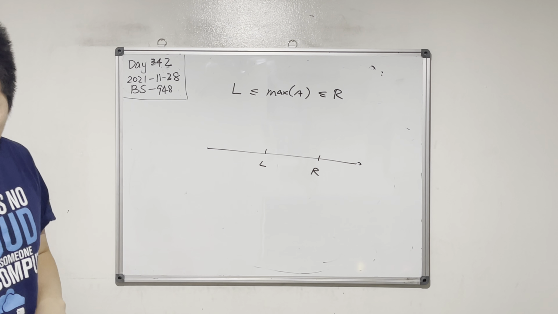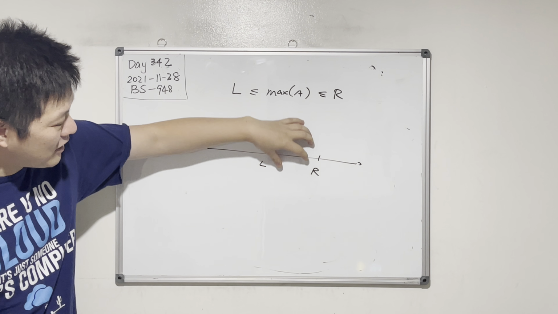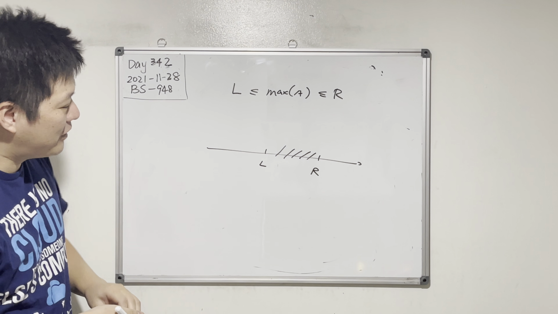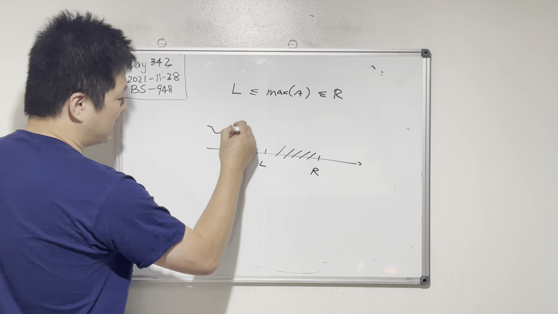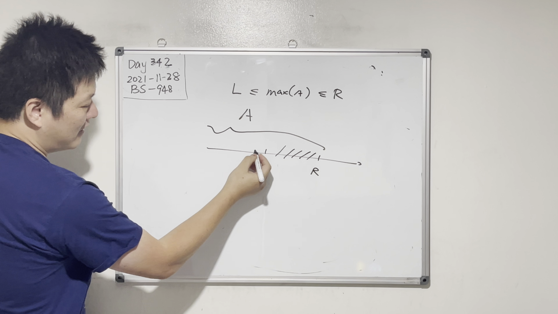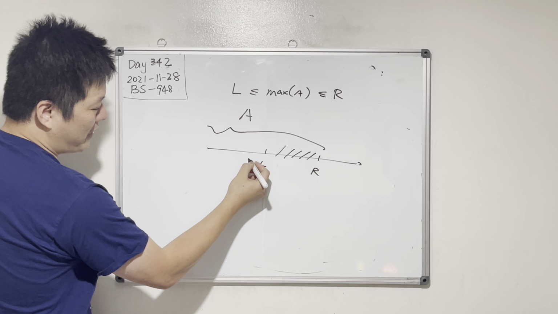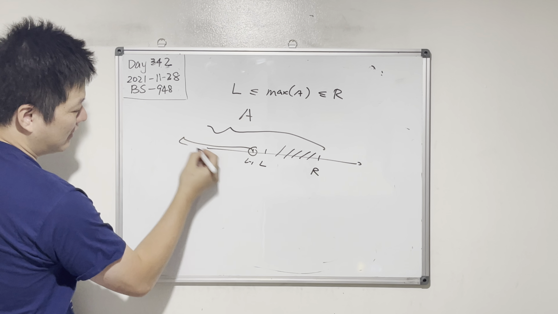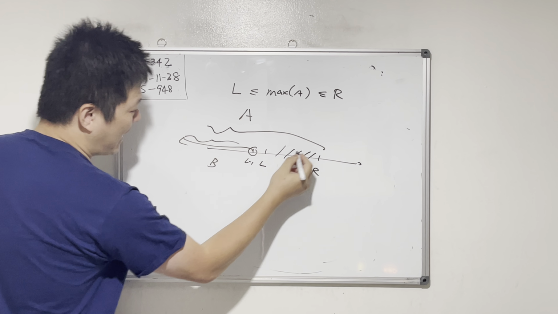First of all, I calculate this part. This is A. And then I calculate this part, L minus 1 is here. This is B. So what's the answer here?